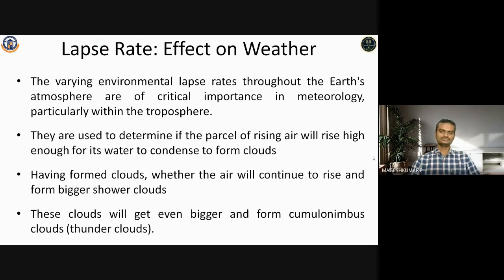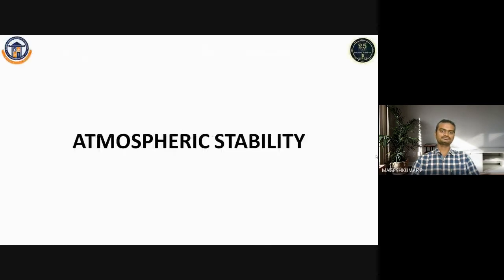If the temperature is very high in the troposphere, the density becomes much lower and the air moves further upwards to form bigger shower clouds. And again it goes to higher altitudes when the density is much lower, and it forms thunder clouds. So all these things we can predict based on the lapse rates.